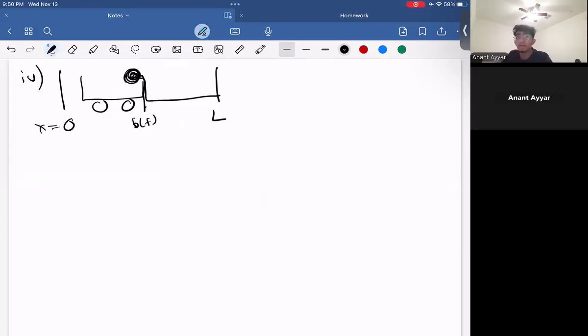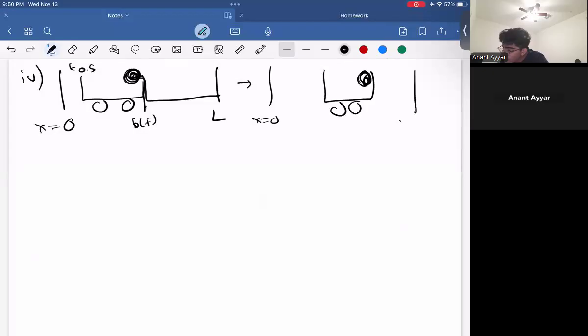So this is at some time t 0.5 or something. Then at another time, x equals 0 is going to be farther away. Same spool of copper, and this is the end, x equal to L.